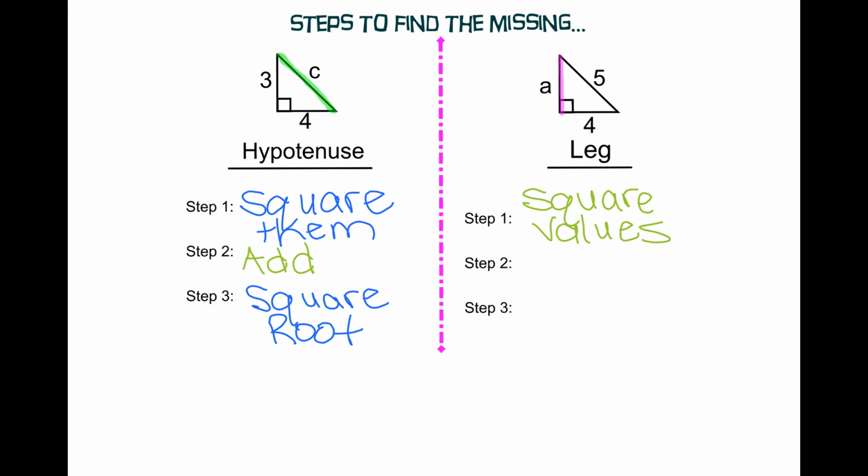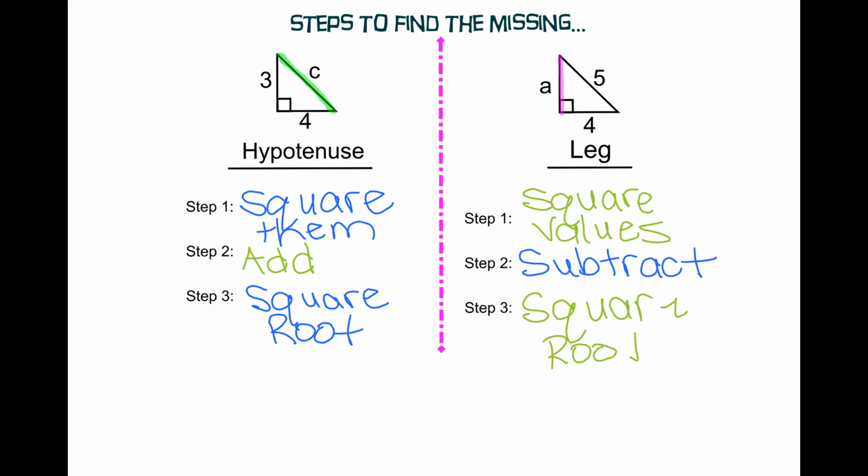After you square the values, this time, instead of adding them, you subtract them. Your last step is the same. After you do that subtraction, you get the area of the square off of the leg, and you have to take the square root.